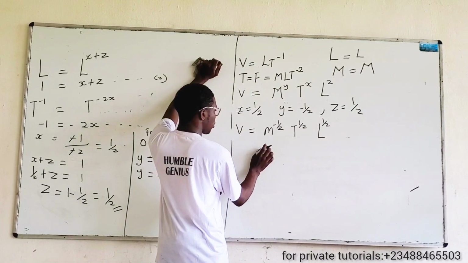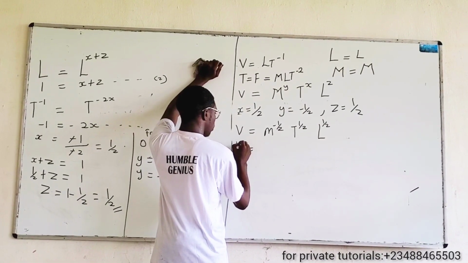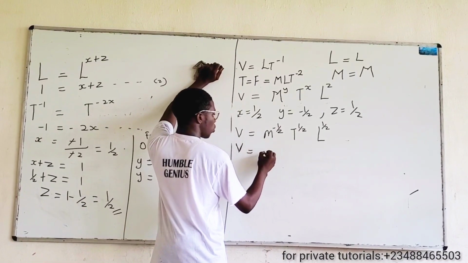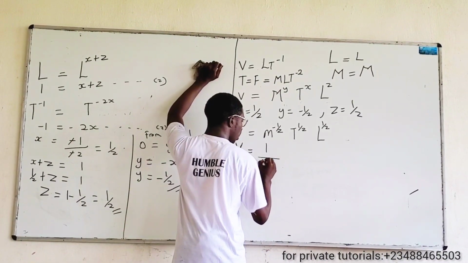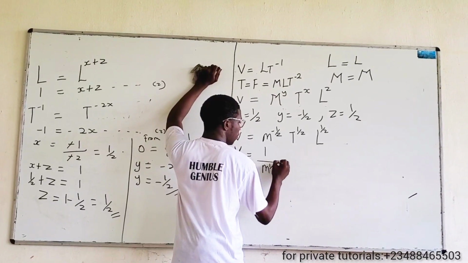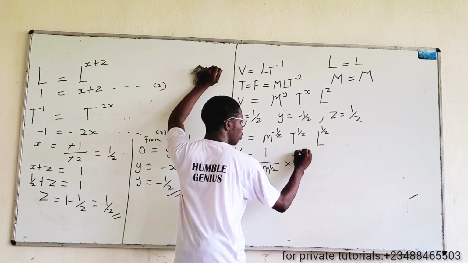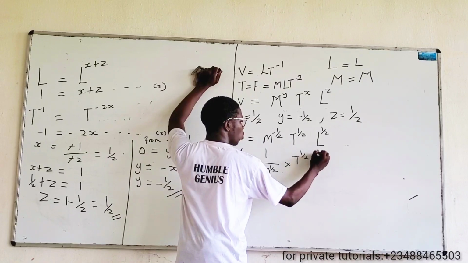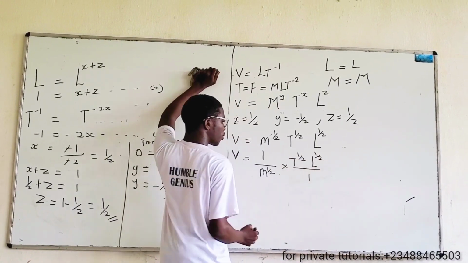This is the same thing as saying 1 all over m raised power 1 over 2, times T raised power 1 over 2, L raised power 1 over 2.